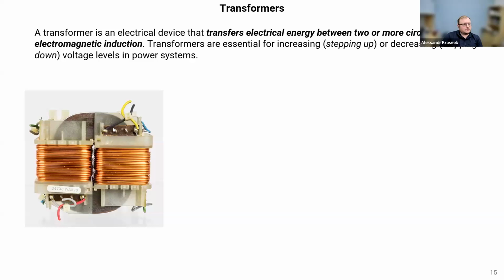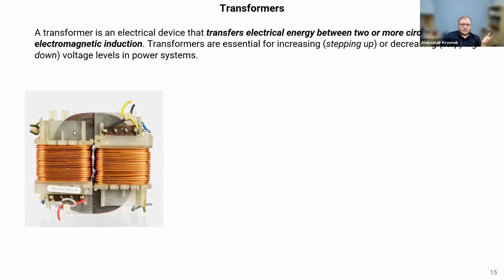You can see this core made of ferromagnetic material, a material with very large magnetic permeability. The reason we need it is that it concentrates the magnetic field inside of this metallic core without spreading it much around.